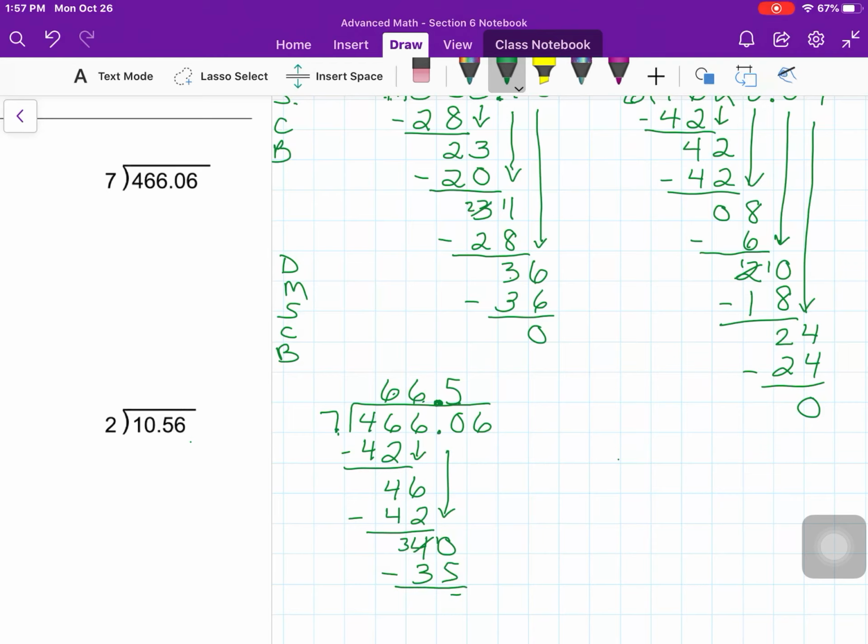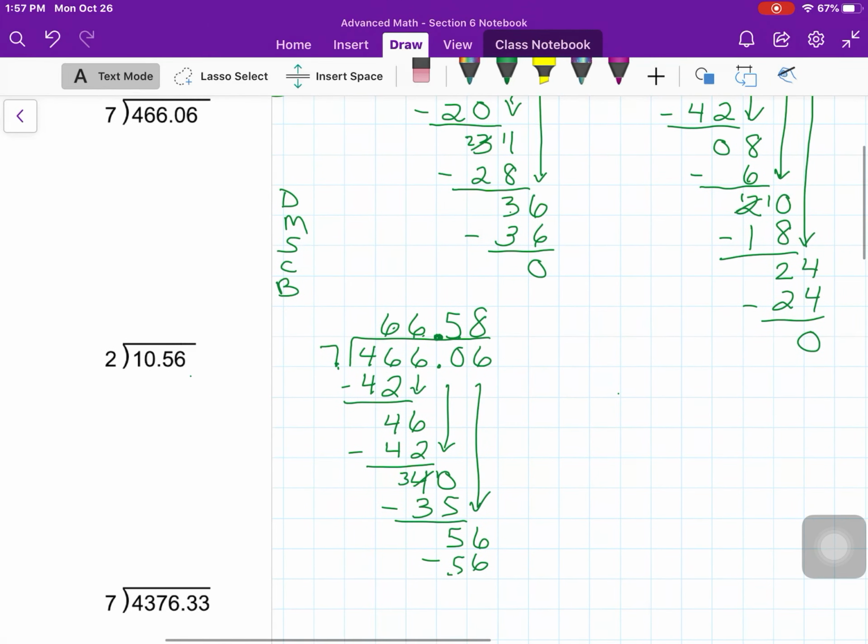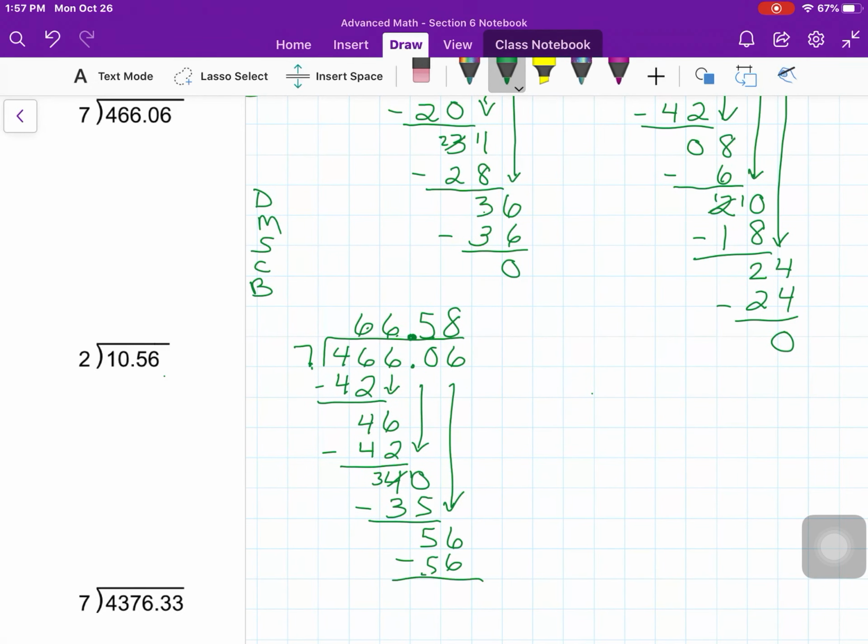Subtract, you end up with 5. Bring down the 6, and 7 goes into 56 8 times, and 8 times 7 is 56. Subtract, and you end up with 0. So our completed answer is 66 and 58 hundredths.